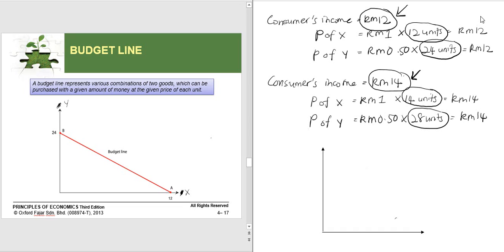Okay, so let's say you want to draw the graph to show the change in the budget line when there is a change in income. You have the X and Y axis here.